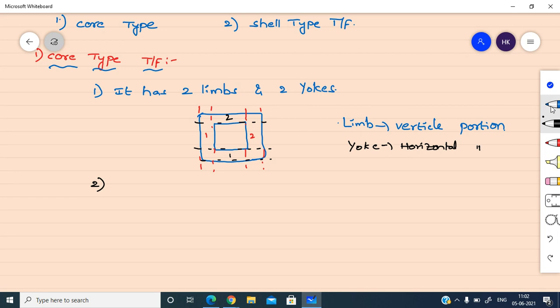And second point, both these limbs, that means vertical portions, have windings. We will wind the winding on these limbs. Both the limbs are provided with winding.